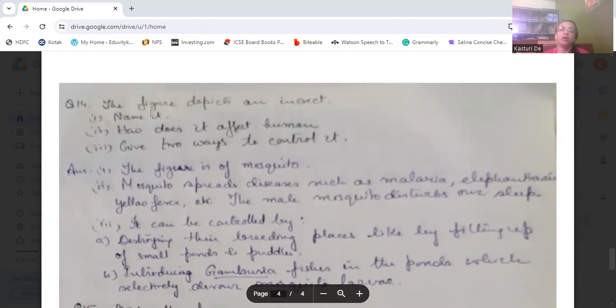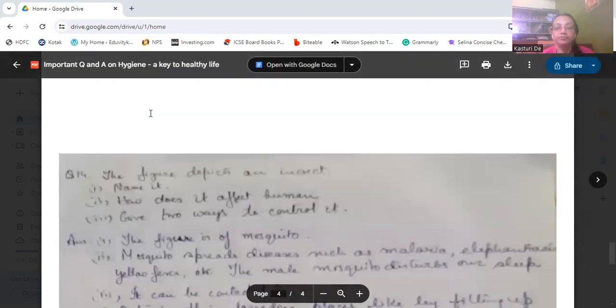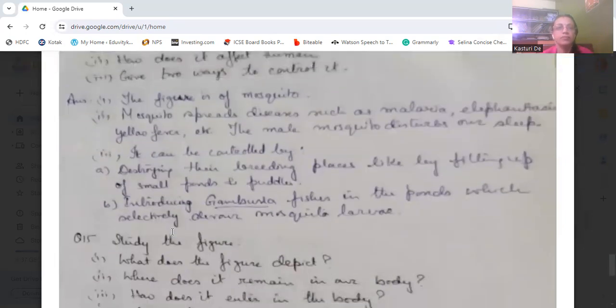Now, give 2 ways to control it. How should we control the mosquitoes? First is by destroying their breeding places. How can we do that?